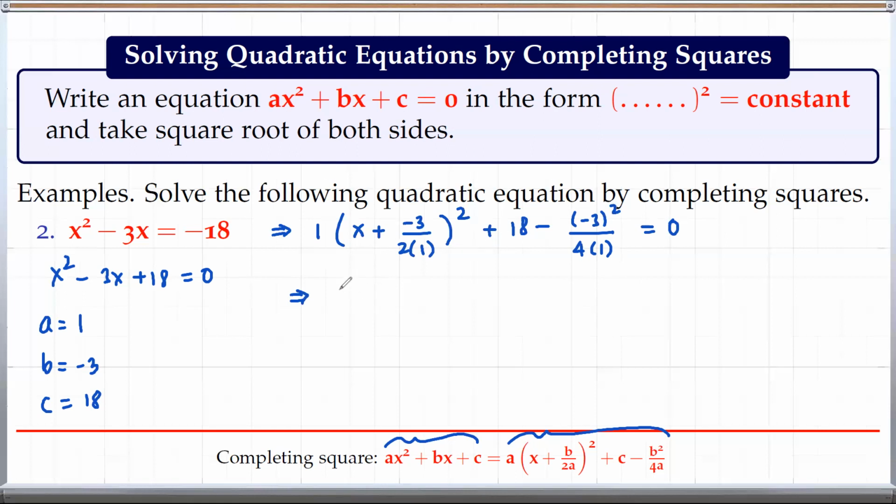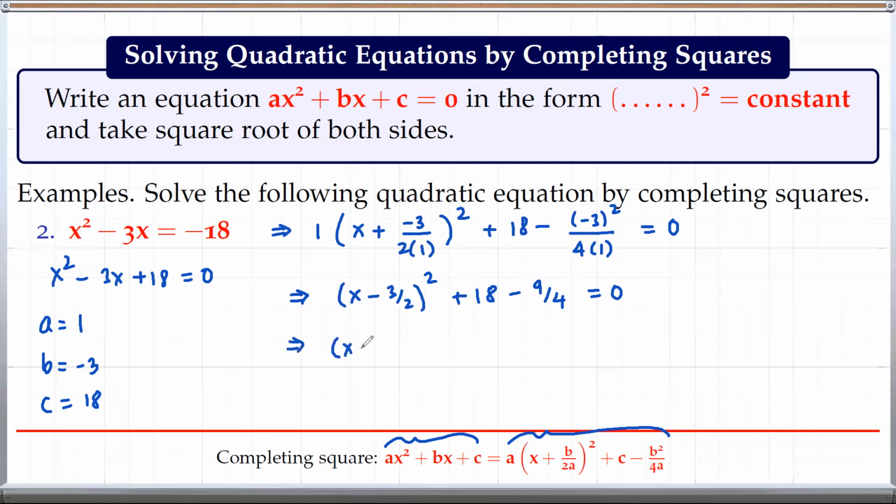We want to simplify this next. We have x minus 3 by 2 squared over here, plus 18. Then here we get 9 by 4, minus 9 by 4, equals 0. We can combine these two.